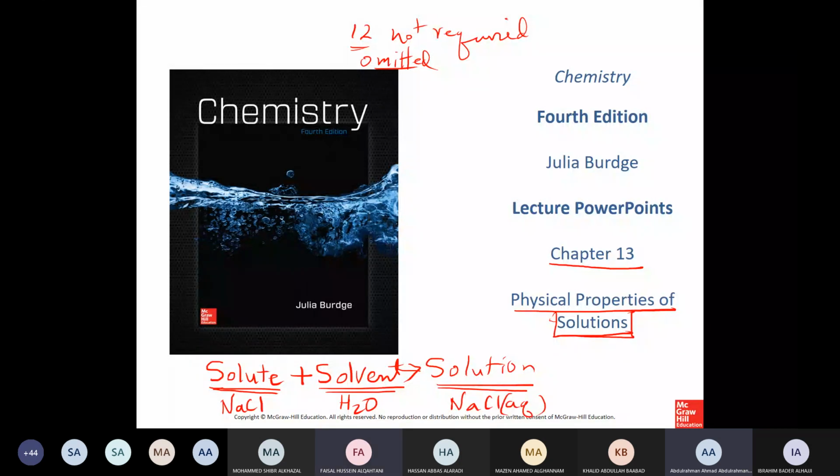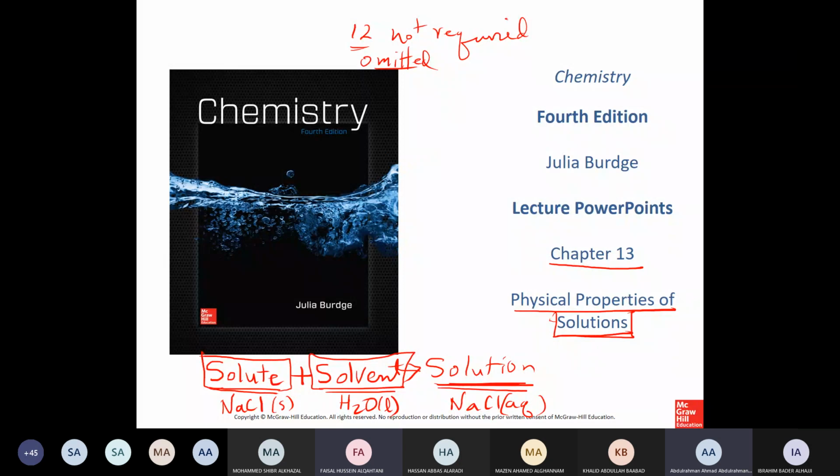Of course, NaCl is solid, you dissolve it in water, liquid, and this gives you NaCl aqueous. Keep this in mind. Very important: solute, solvent, and solution, which is the mixture of solute with solvent. Every word is very important, and you have to know the meaning.